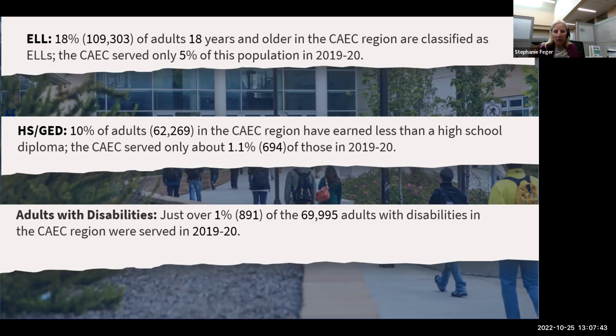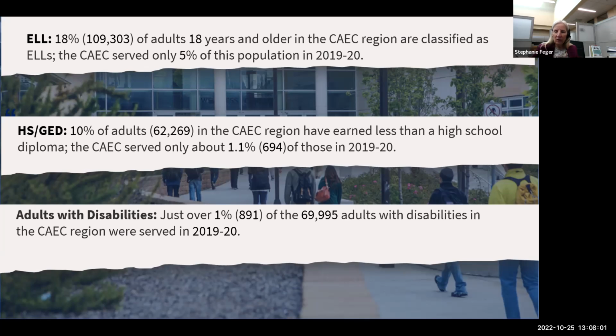Based on this data, we really want to align our plan with the goals we need to achieve to address the impacts on these individuals.